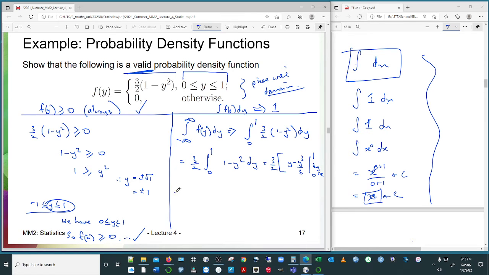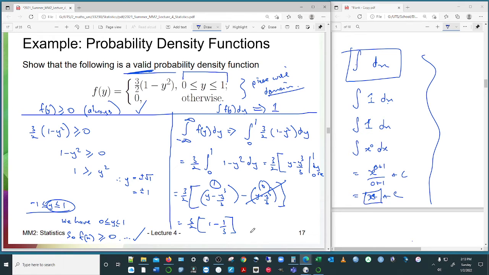Okay, so that's not so bad. 3 over 2 outside of y minus y cubed on 3 bombed with a 1, minus y minus y cubed over 3 bombed with a 0. So clearly that one's out. So we're simply left with 3 on 2 outside of 1 minus 1/3.